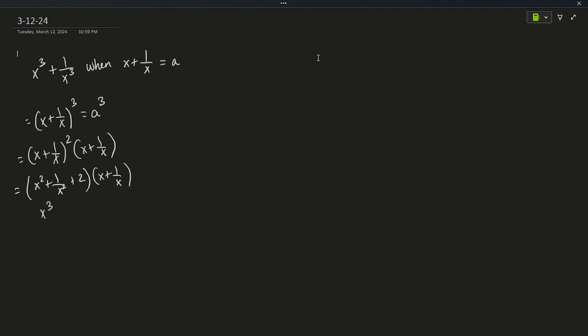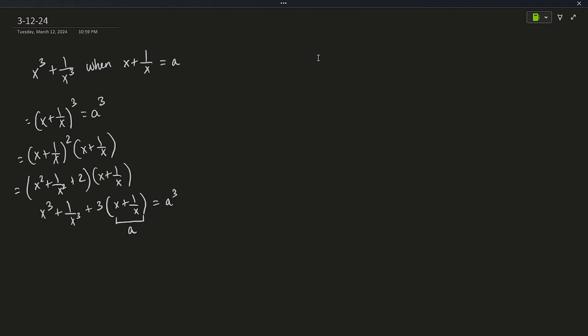We get x cubed plus 1 over x cubed plus 3 times x plus 1 over x, which, as you can see, is going to give us a value a cubed. Now we remember that x plus 1 over x is a, so all you have to do is substitute a in there.